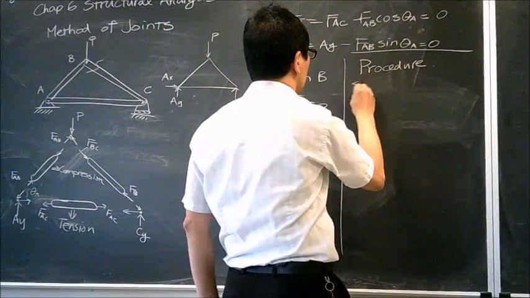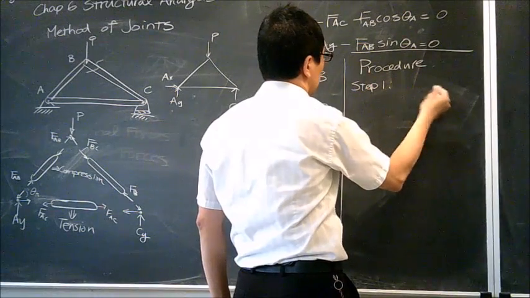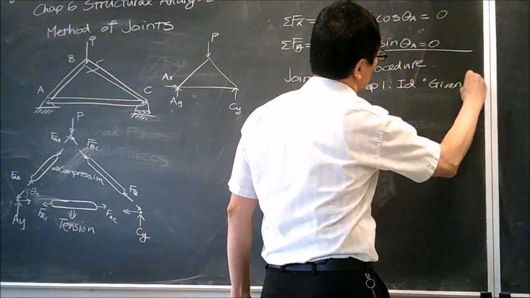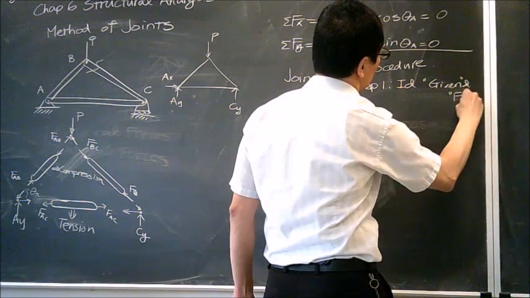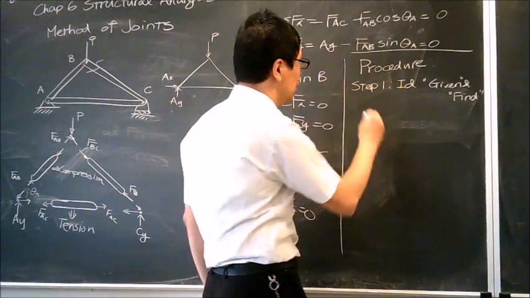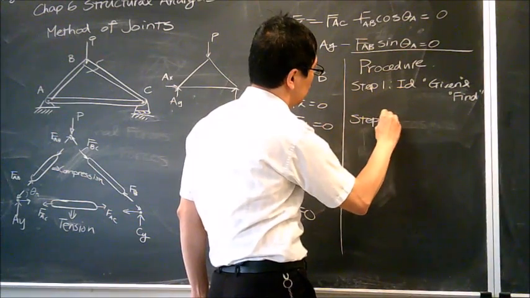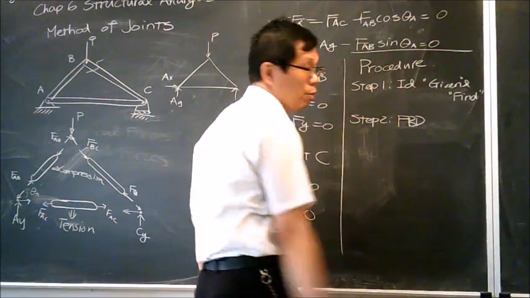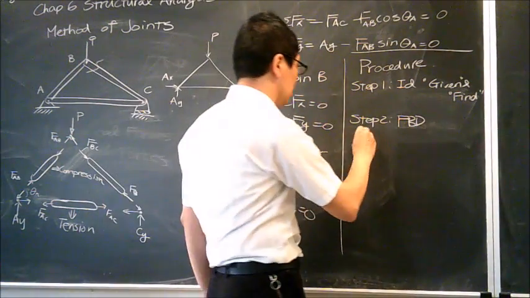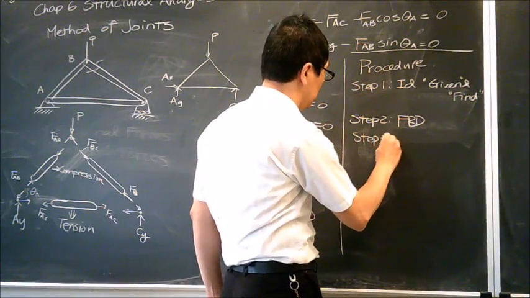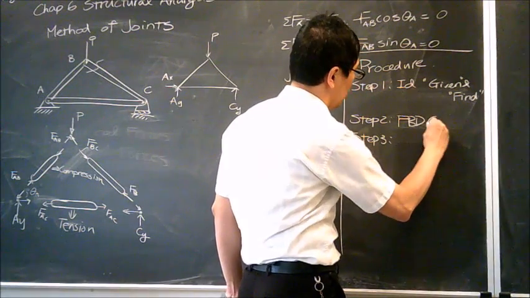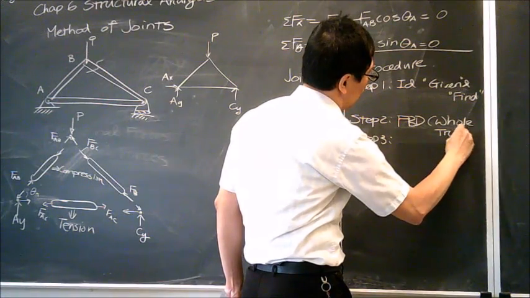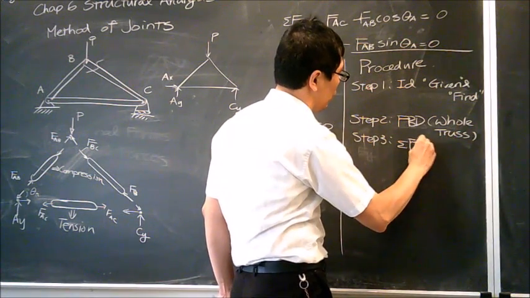Step 1, of course, you need to identify what is given and what you need to find. Right? Step 2, treat the whole system as a whole and draw the free-body diagram. Step 3, what do we have?